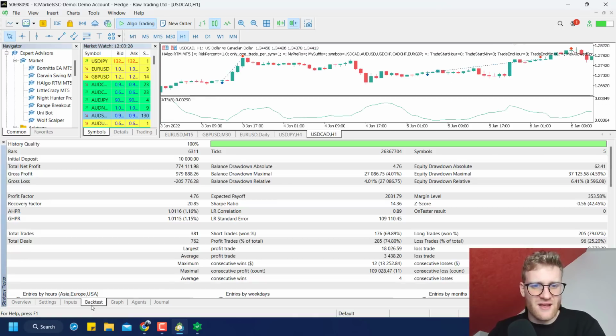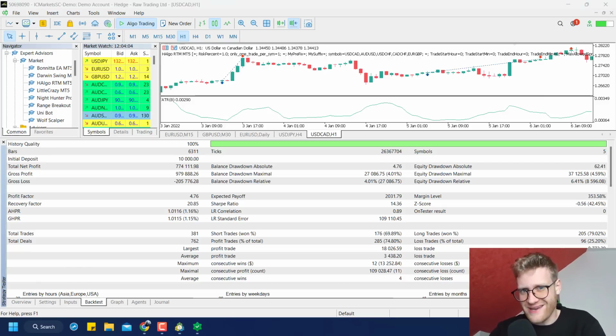So, yeah, let's have a look at these key figures. Profit factor is kind of high, and I never really achieved this for any of my systems. Then we see the hit rate, which is 70% for the short trades and nearly 80% for the long trades, which is quite a lot.